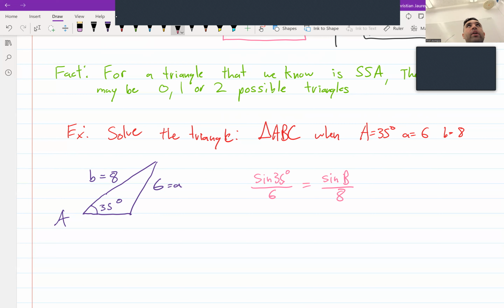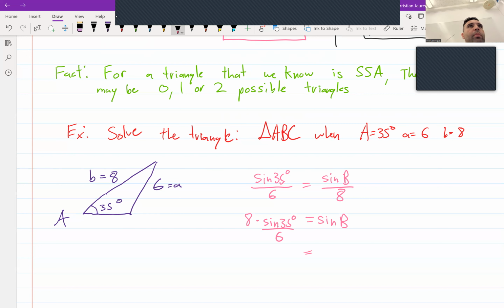I knew the side, I didn't know the angle. So it's a little bit more helpful to put the unknown thing on top. So what I do here is I start to solve for B. Sine of B equals 8 times sine 35 degrees over 6.